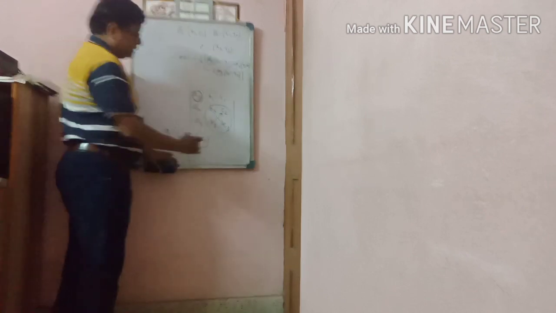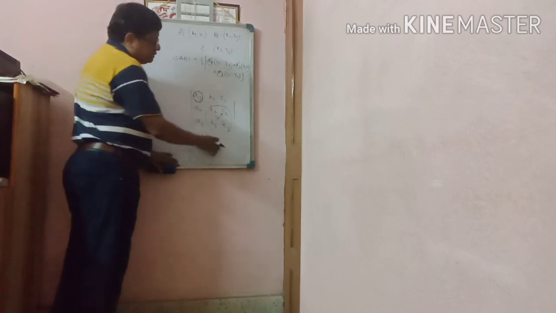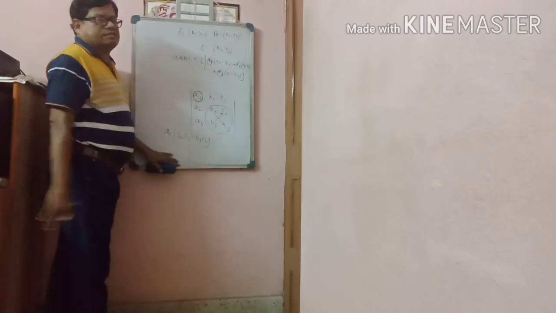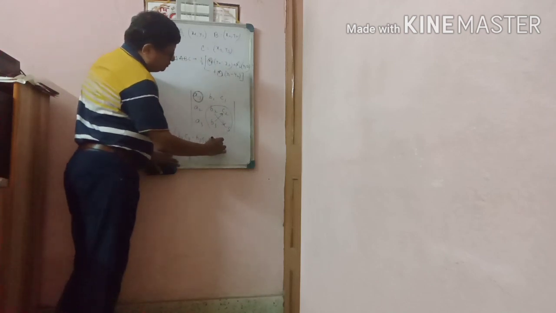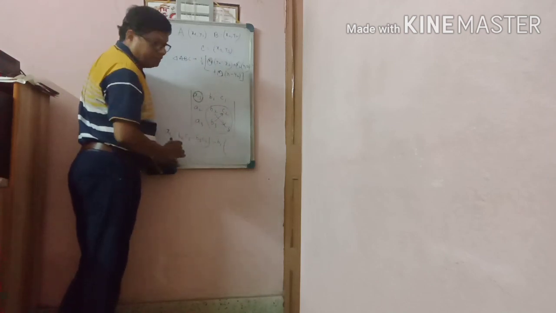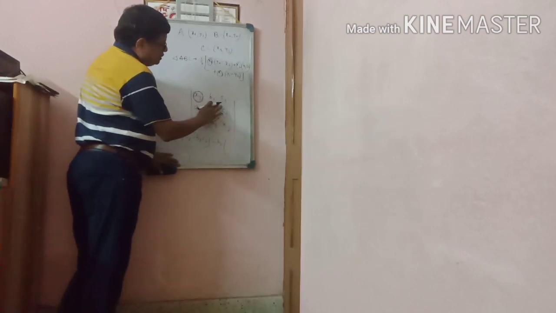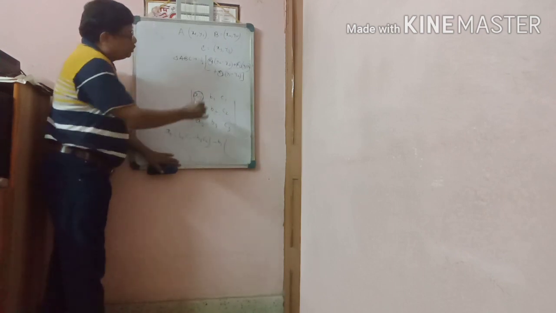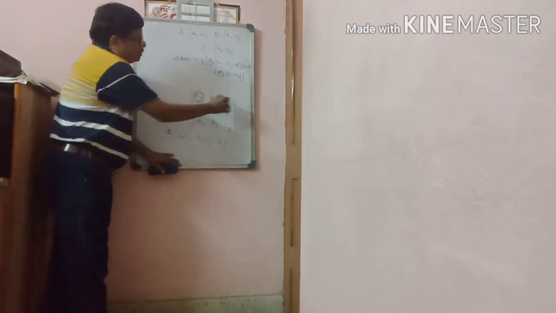Give sign plus first, then minus, then plus, like that you have to expand. Minus b1, give bracket again. b1 is second column, first row, remove.